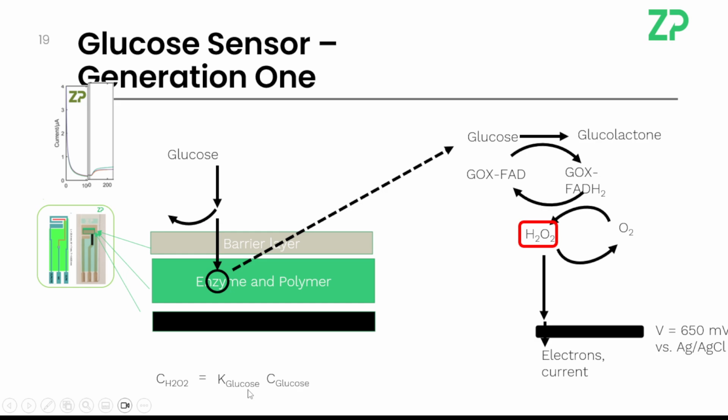In reality, K will have a value more like 0.1 or less. You can think of that as an efficiency term, because in the end, a glucose sensor is not directly monitoring glucose, it's indirectly measuring glucose through the production of hydrogen peroxide. And so I've written here a term that couples the hydrogen peroxide and glucose concentration.